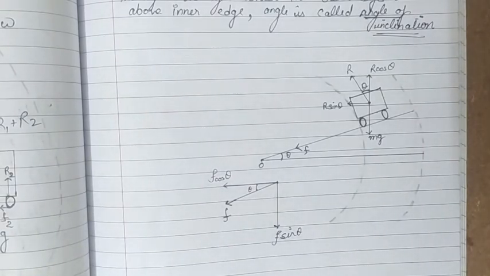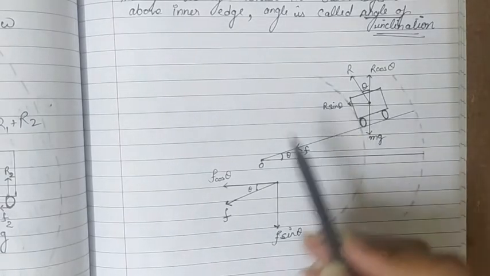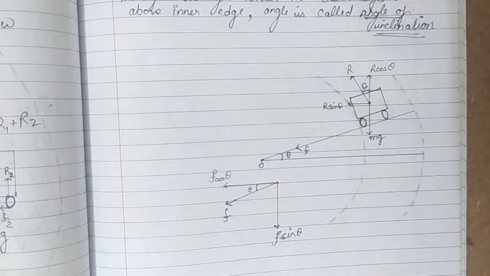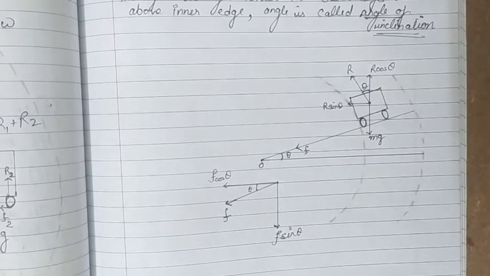So now there are two components providing centripetal force: the sum of the component of friction force and the component of reaction. It doesn't depend only on the friction force. That's why friction can be reduced and it can prevent the wearing out of tires. So this is a benefit of banking of road.